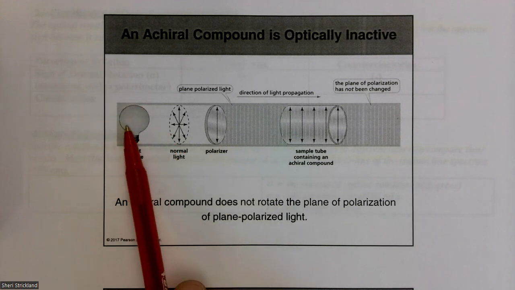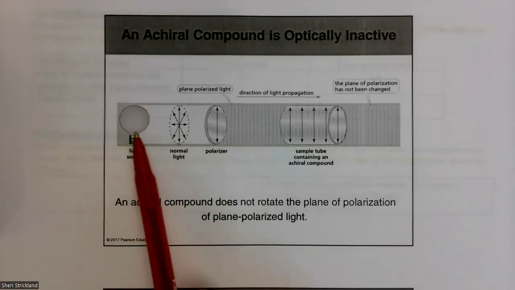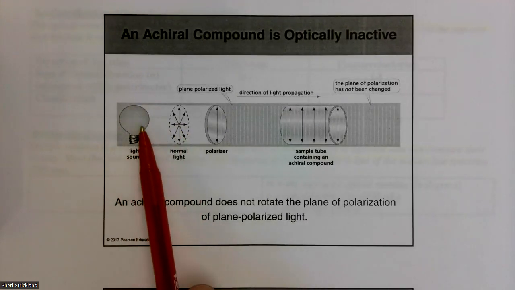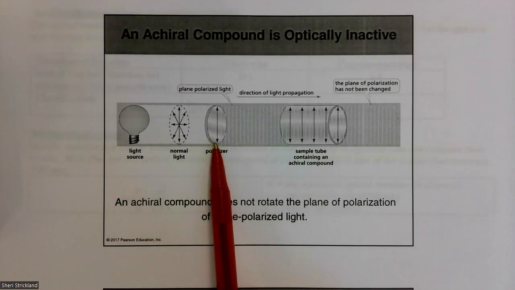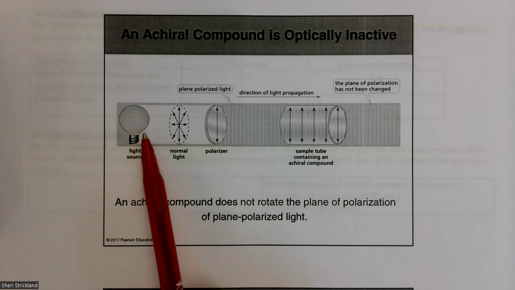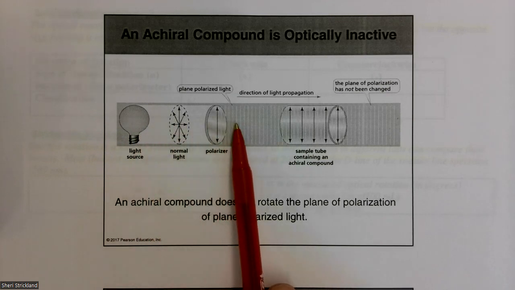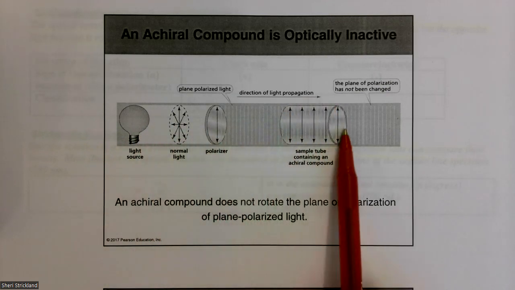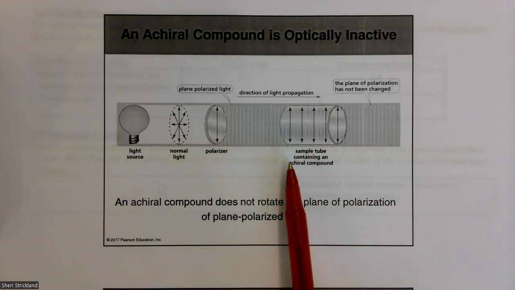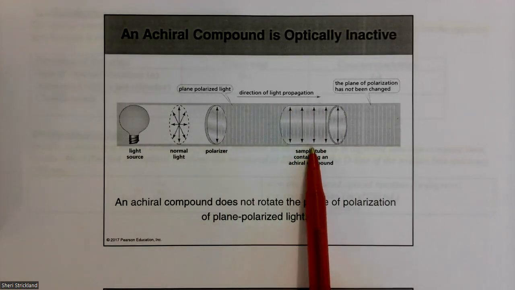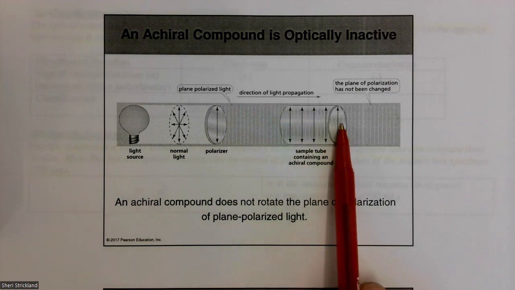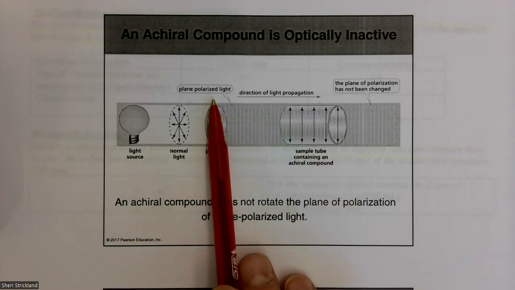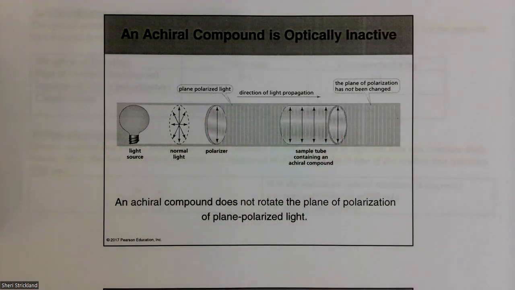Initially you have every wavelength coming from your light source, but the polarimeter will filter out all except the D line of the sodium spectrum. And so this wavelength comes into contact with your sample in the tube, but because you have an achiral compound in here, nothing happens to this filtered out plane polarized light.